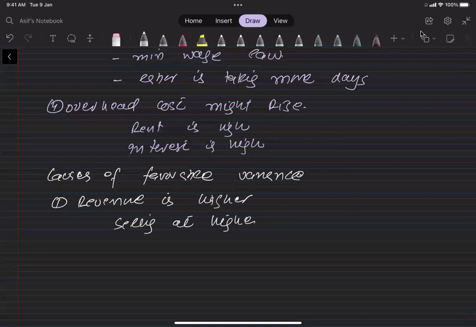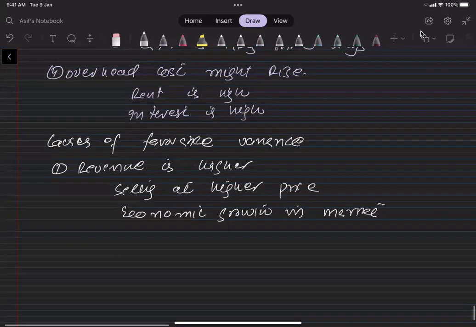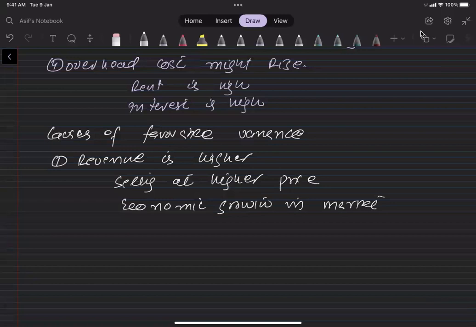Selling at higher prices and people are still buying it, or there is economic growth in the market and people can afford the higher prices, or there is a competitor who has closed and because of that your product demand is increasing.